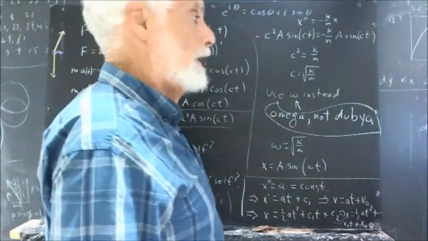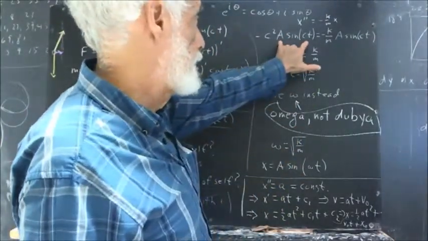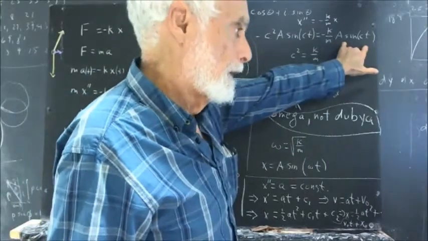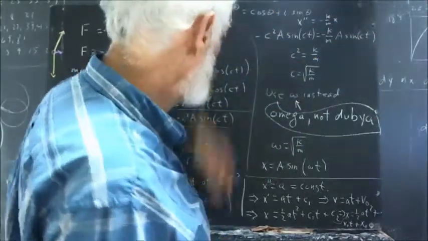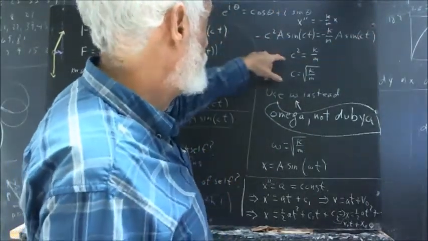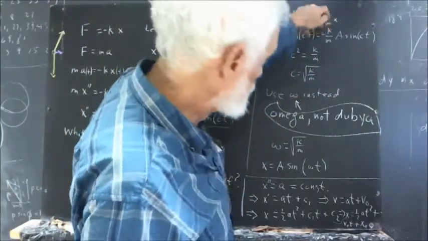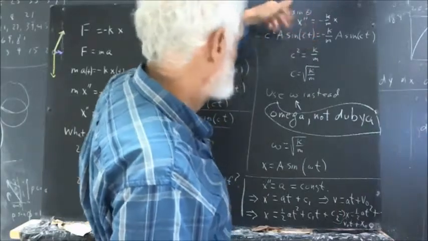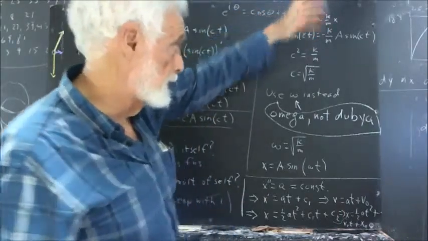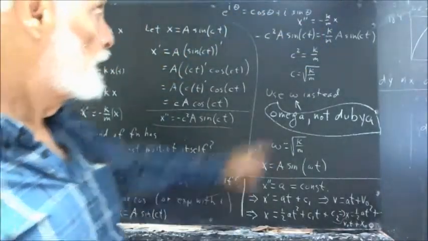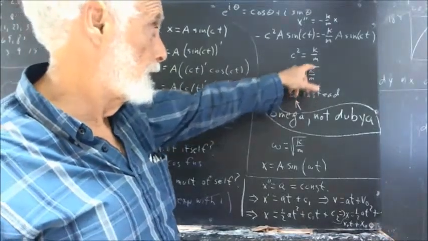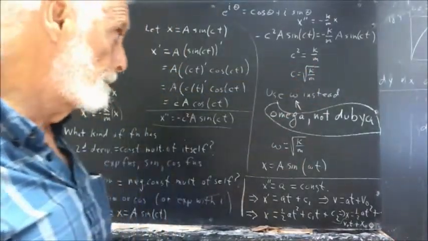Well, we get an equation. We look at that equation, and we see that we can divide out a sine of ct. And it'll go away from both sides, and we just end up with c squared equals k over m. Negative c squared equals negative k over m, but let's divide by a negative sine of ct, and the negative will go away as well. And it's very clear then that the solution is c is the square root of k over m.